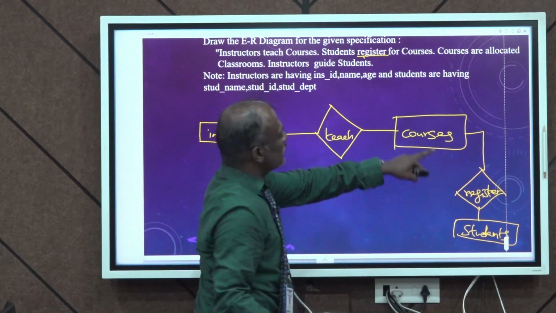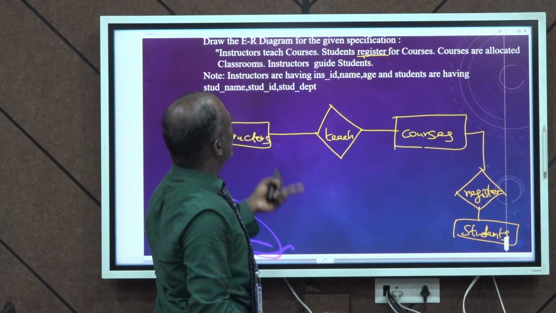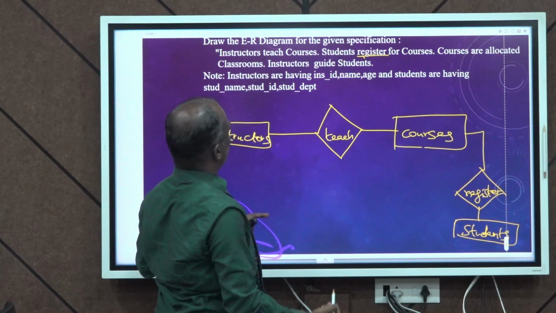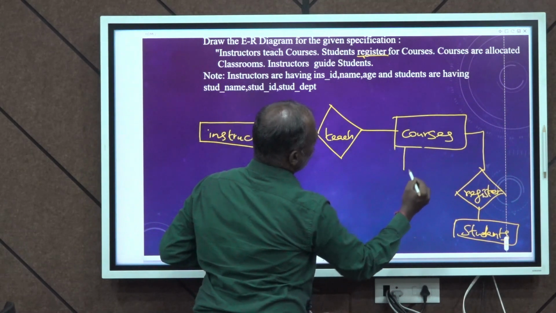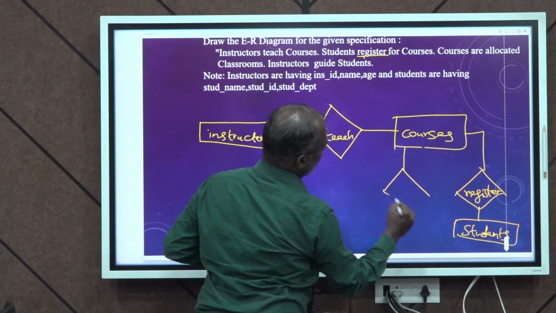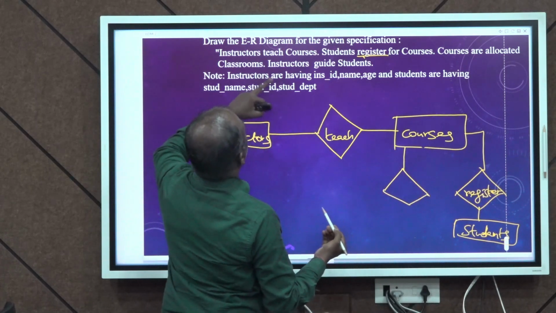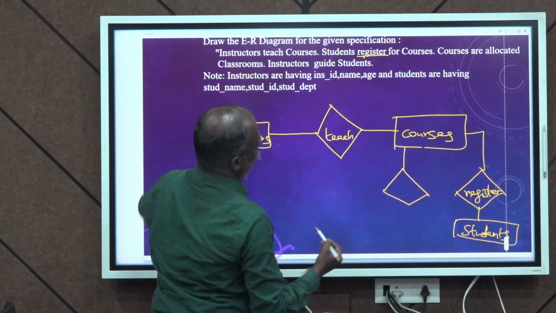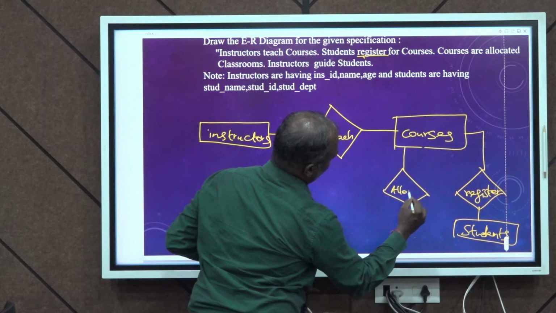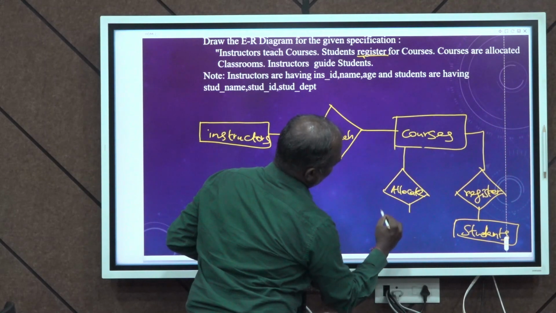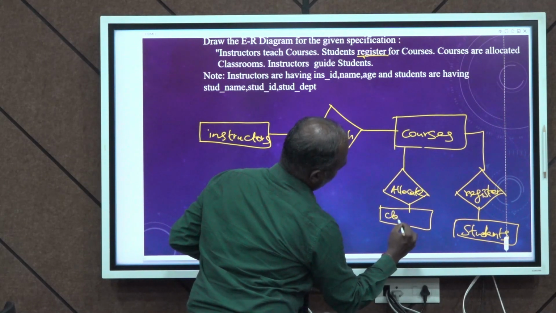Then courses are allocated to classroom. Courses is already available, so no need to create it again. Courses are allocated to classroom, so here we represent allocate, then the classroom.